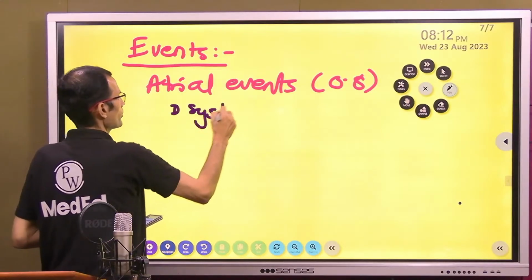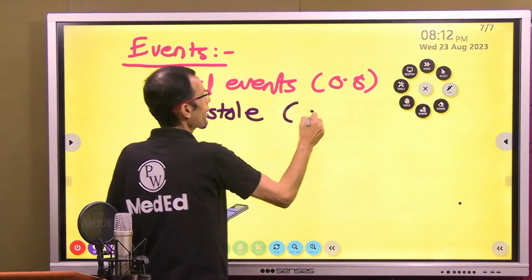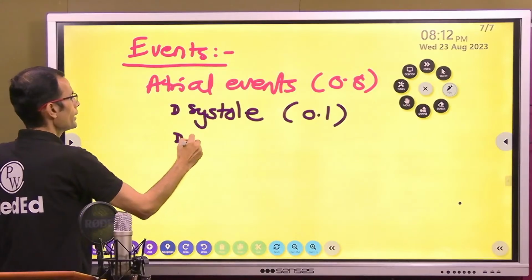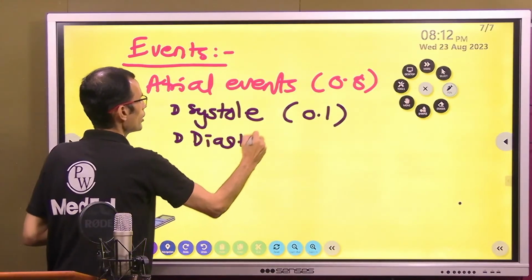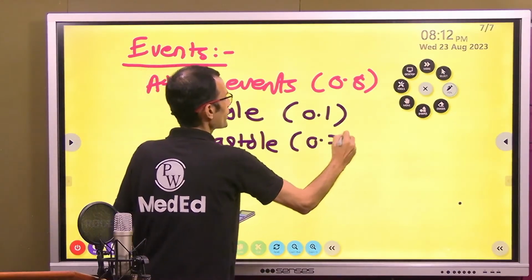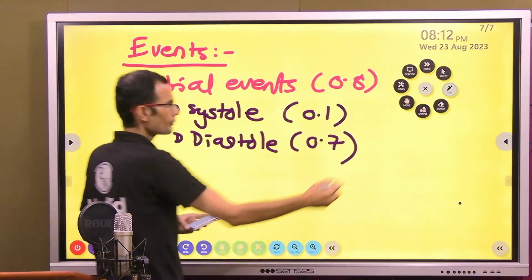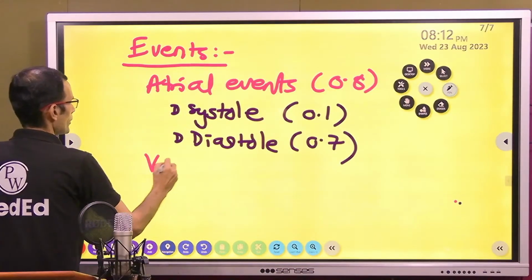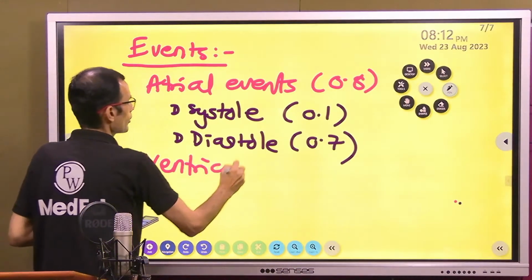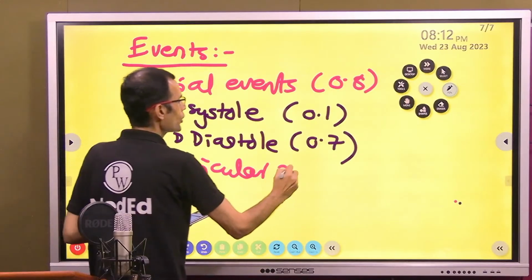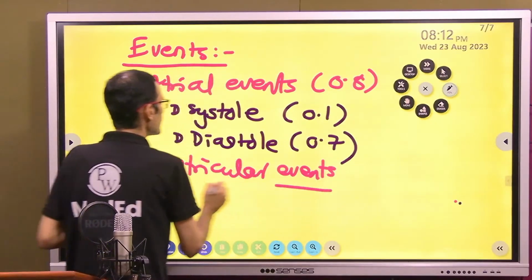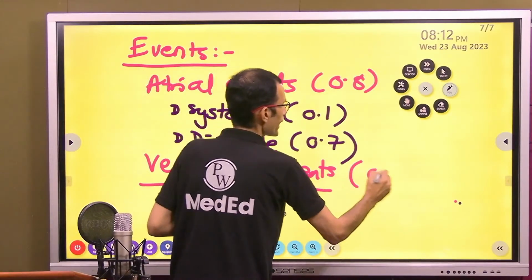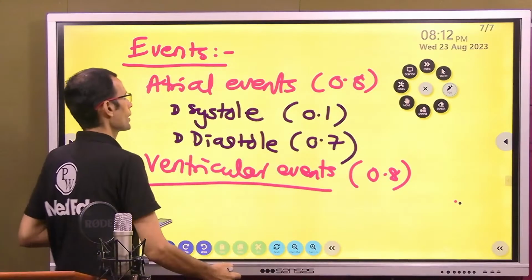Systole is for 0.1 second and atrial diastole for the remaining 0.7 seconds. Ventricular events: at the same time, when atrial events are going on, something is happening in the ventricles also for the same 0.8 seconds duration.